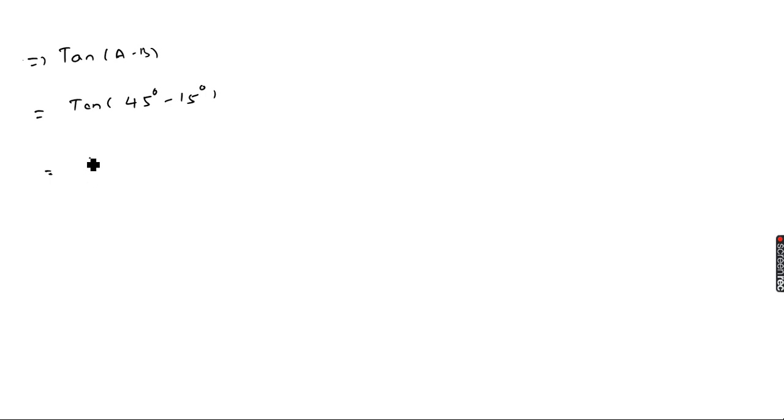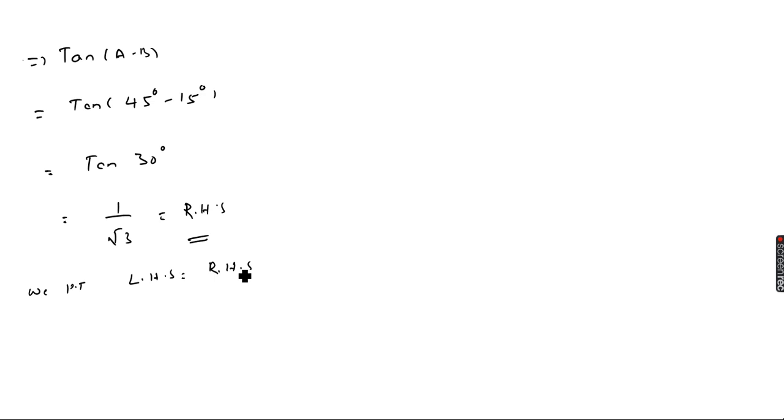This is equal to tan of 30 degree. Tan 30 is nothing but 1 by root 3, which is RHS. So we prove that LHS is equal to RHS.